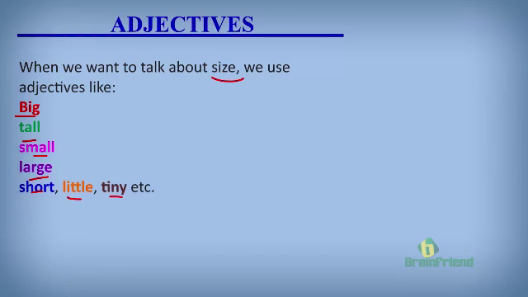For example, you can say, I am a big girl. What is the noun in the sentence? Girl. The name of a person, a general name for females. I am a big girl. The word big has described the kind of girl I am. So big is an adjective. These are some of the adjectives that we have in the English language.